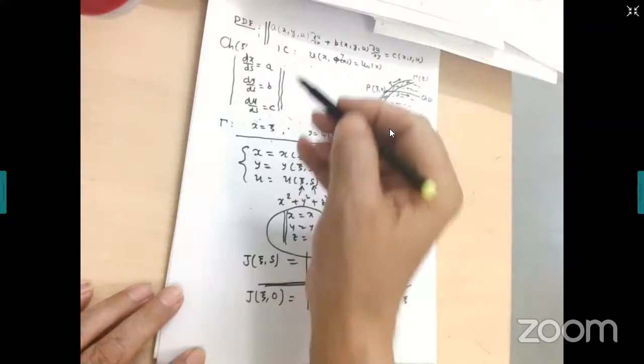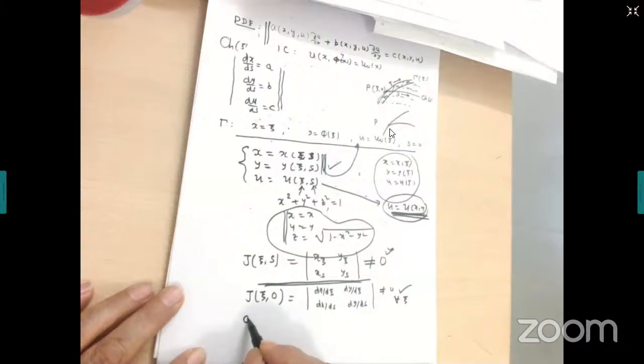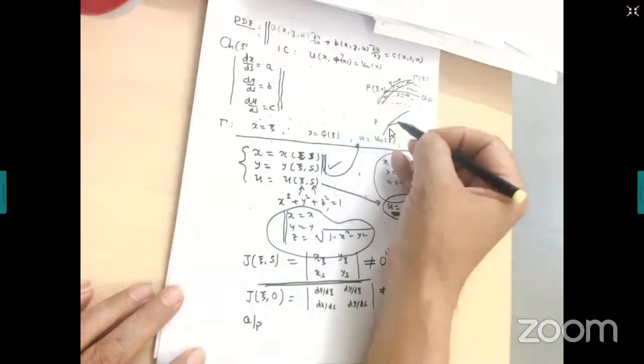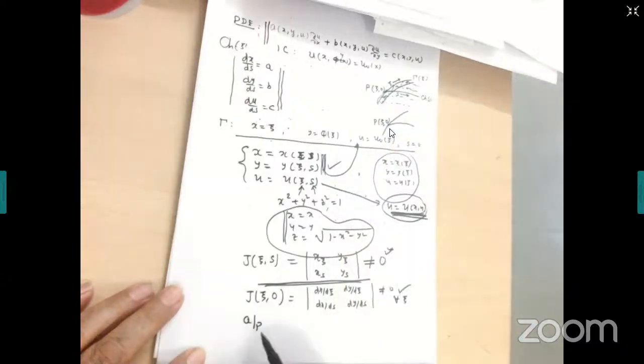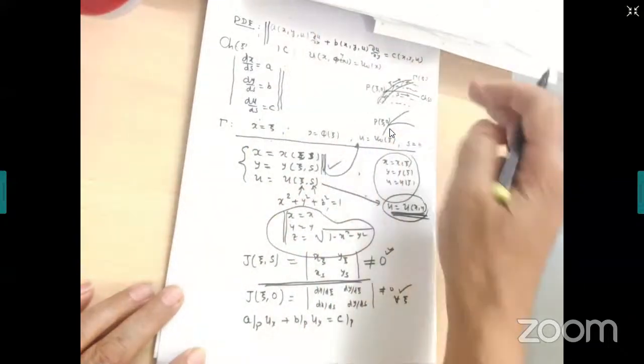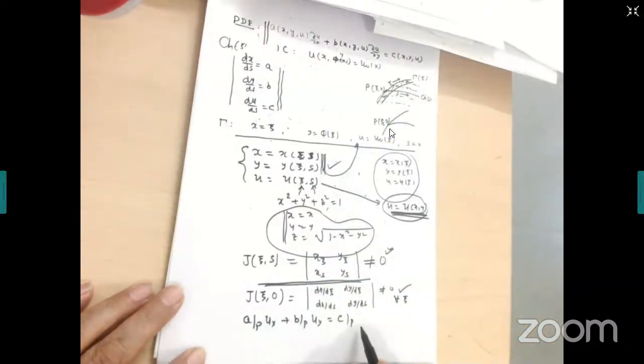Number two, A at P, P having the coordinates xi, 0, is a function of xi only. So A at P times Ux plus B at P times Uy equals C at P. Evaluate this at this point P.